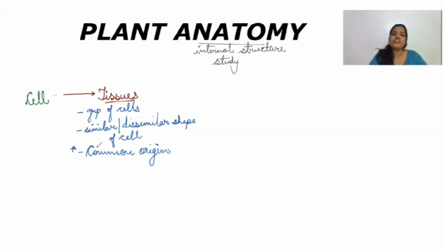For example, we'll see this tissue, like the tissue systems and the different types of tissues also, the permanent tissues, complex permanent tissues to be more exact, that is xylem and phloem. Then I'll tell you that a number of cells are involved forming a single type of complex permanent tissue.